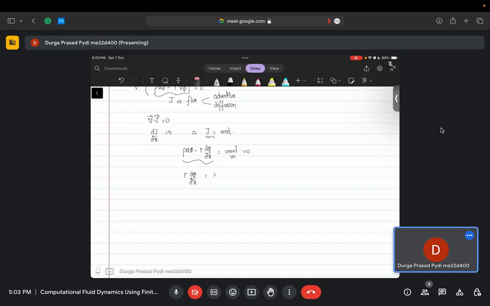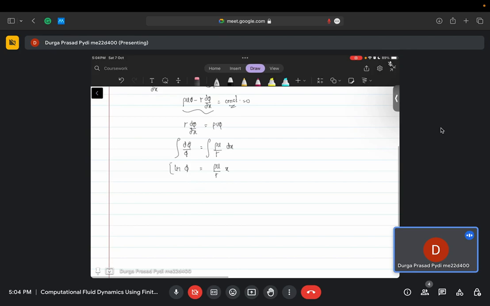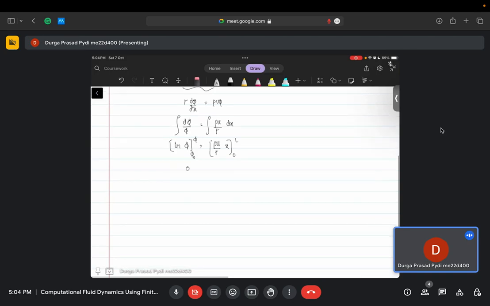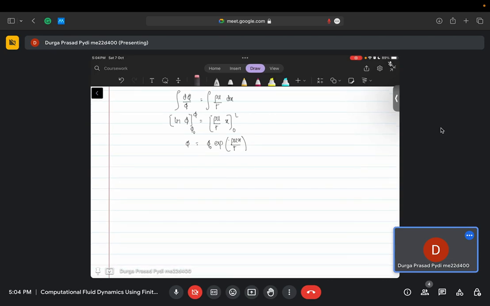For that particular scenario, we have rho u phi, and the solution for this is, say, over 0 to L. So essentially phi follows an exponential profile. So this is the result we came up with in the last session.